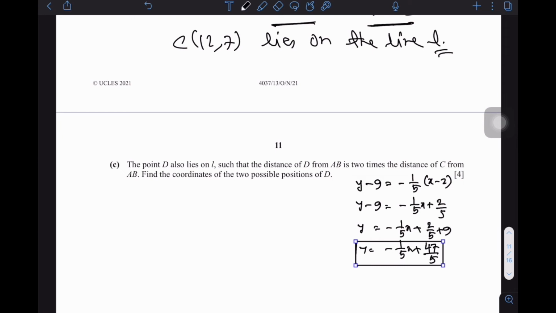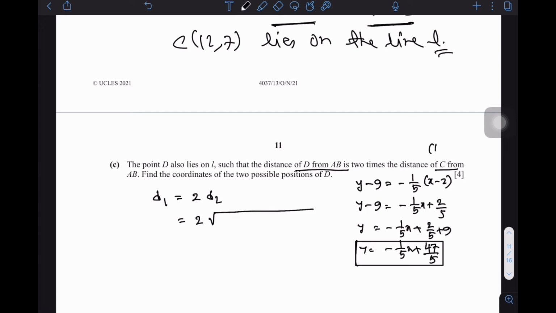So this is the equation of the line. And since, let me consider the distance from D to AB is D1 and C to AB is D2. So D1 equals 2 times D2. Let me use the distance for D2.